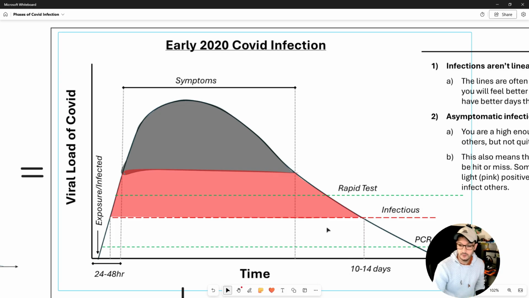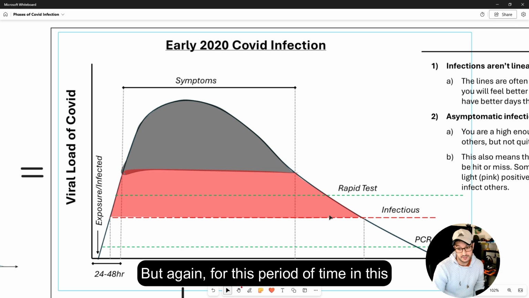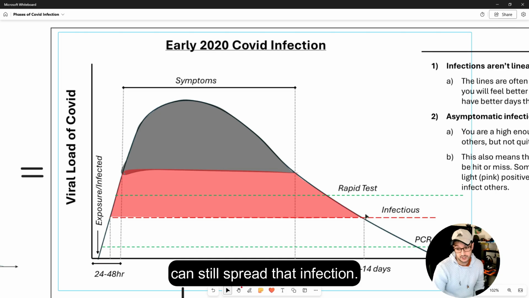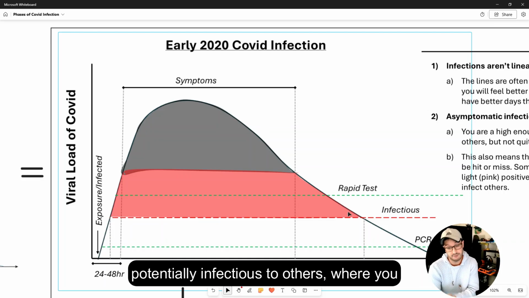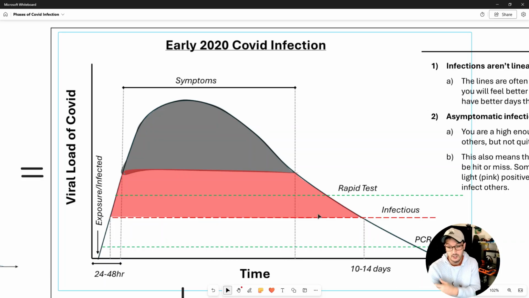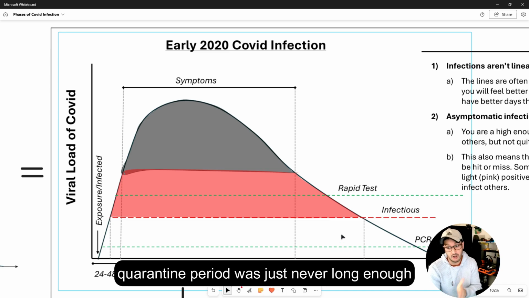They'd integrate with other people, start interacting. But again, for this period of time in this little triangle right here, you're still going to be infectious, so you can still spread that infection. And then once you stop testing positive, there's going to be a couple days after that where you're still potentially infectious to others, where you can still spread it. So it's important to know that like our quarantine period was just never long enough.